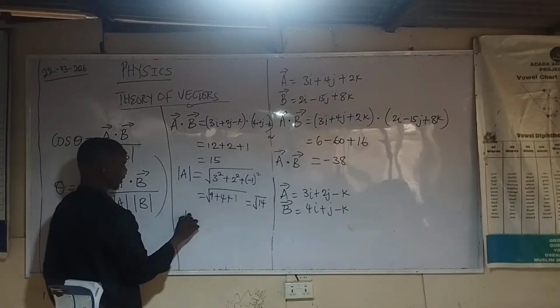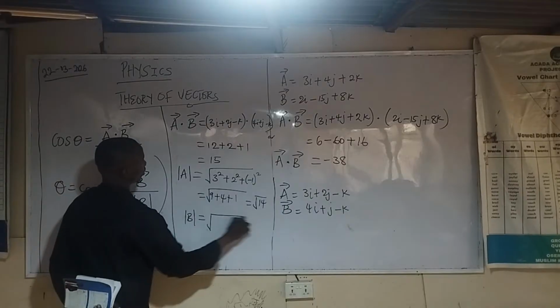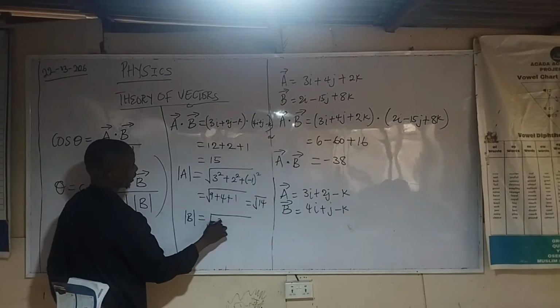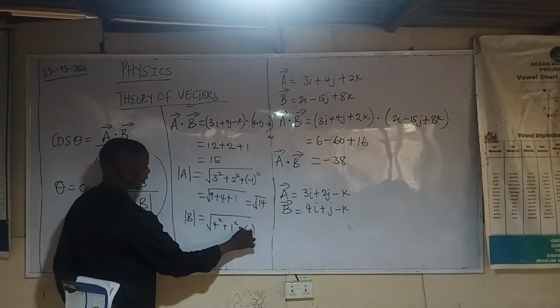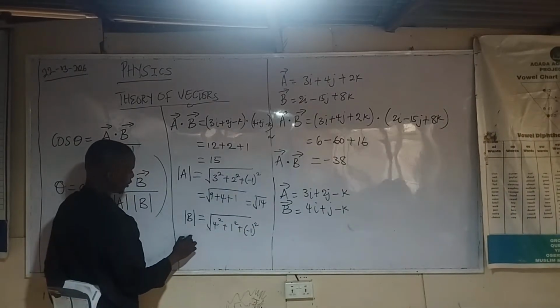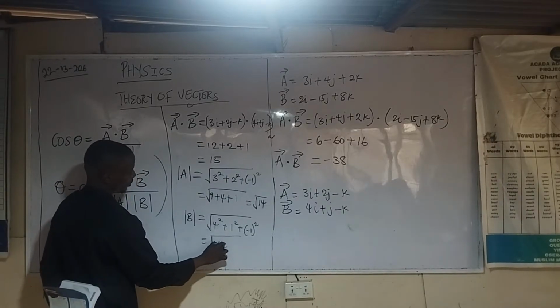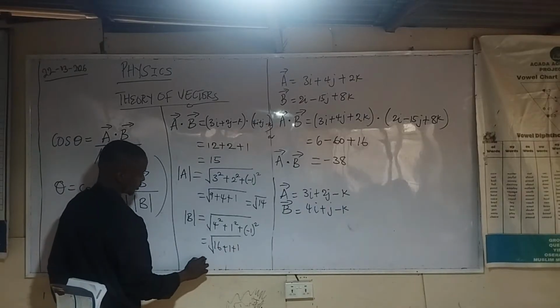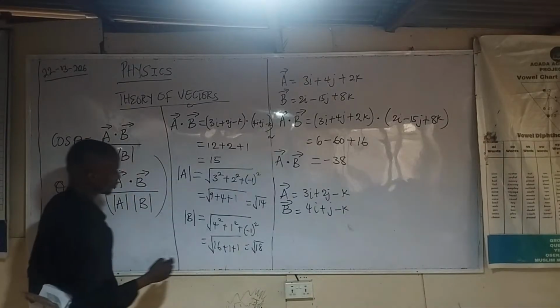Then the magnitude of B: square root of 4 square plus 1 square plus minus 1 square. So we have 16 plus 1 plus 1, which is root 18.